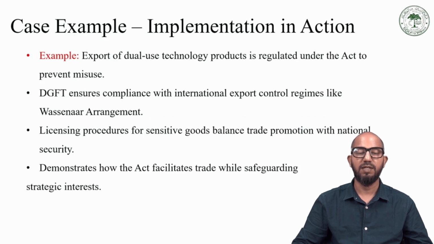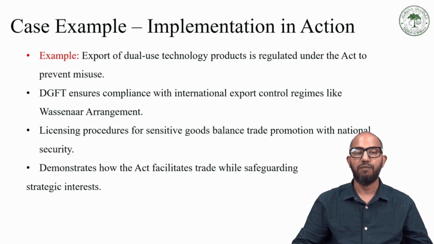Let us take a case example implementation of this act into action. With the use of this act, export of dual use technology products is regulated under the act to prevent misuse.